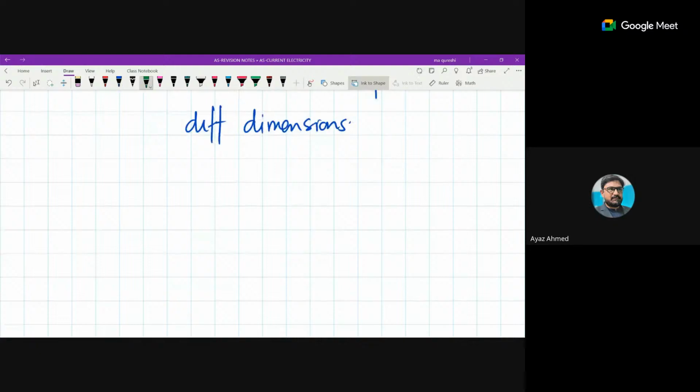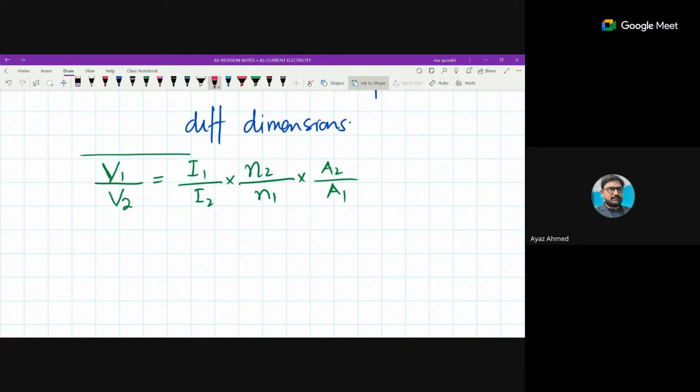Their area, their diameter, their current, everything is required. So you will write that V1 divided by V2 will be equal to I1 divided by I2 into n2 divided by n1 into A2 divided by A1. This is the master equation that will help you identify the parameters.